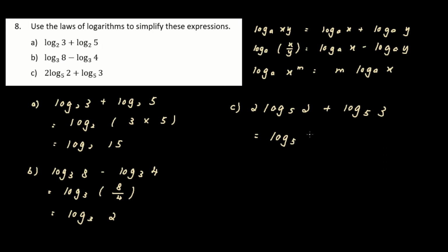So this one becomes log base 5 of 2 squared, plus log 5, 3. Now you have log a x plus log a y already, so you can combine them. This is multiply, so 2 squared times 3. So 4 times 3, which is 12. So log 5, 12.